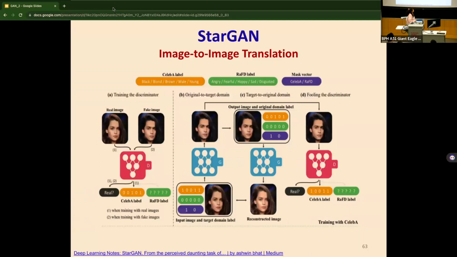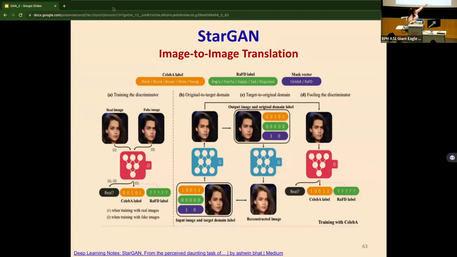An example would be this: your input image could be an image with some extra label, say an RaFD label, which tells you the mood of that particular person at that time. You pass it to the generator, and once that image is generated, you use it again along with the original domain label in the next generator and get the image.